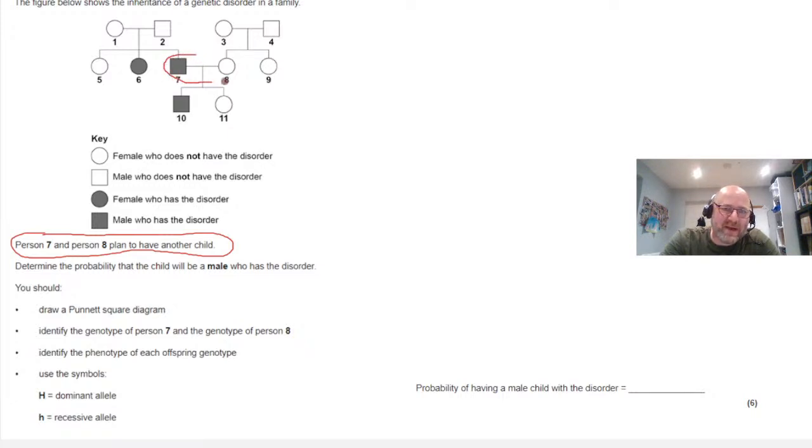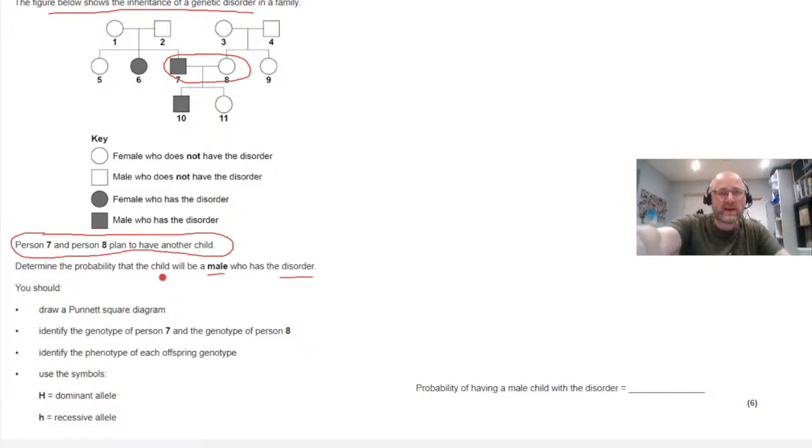So persons 7 and 8 are going to have a child. Determine the probability the child will be male who has the disorder. It doesn't tell us whether it's cystic fibrosis or polydactyly or what it is. It just says there's a disorder, a disease.